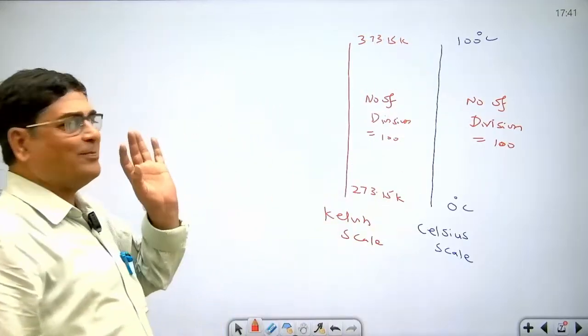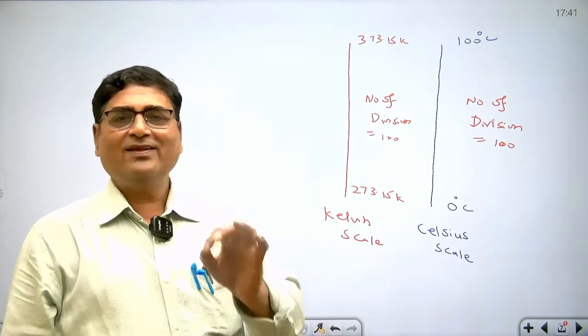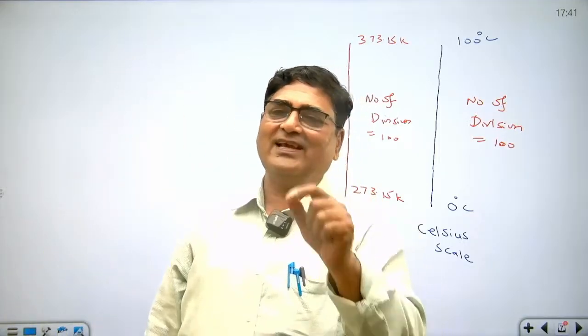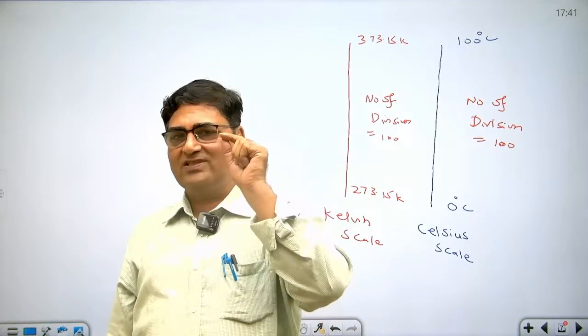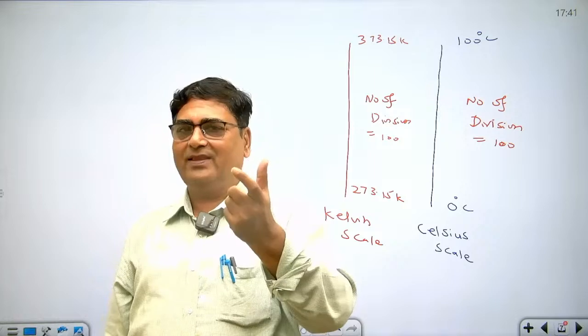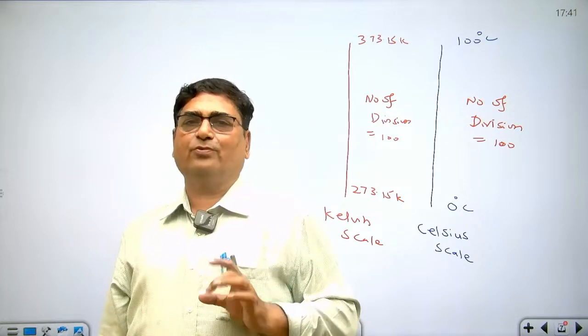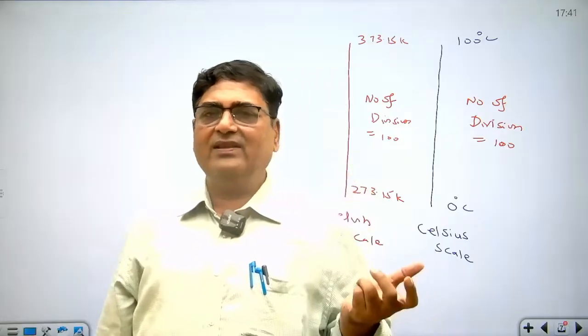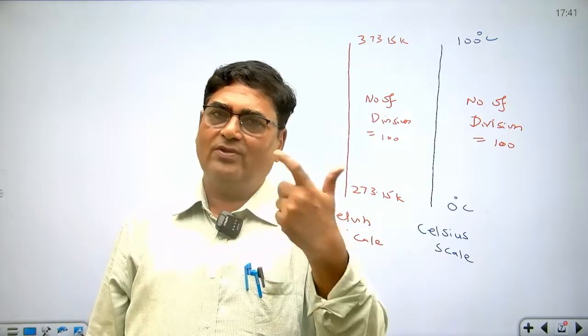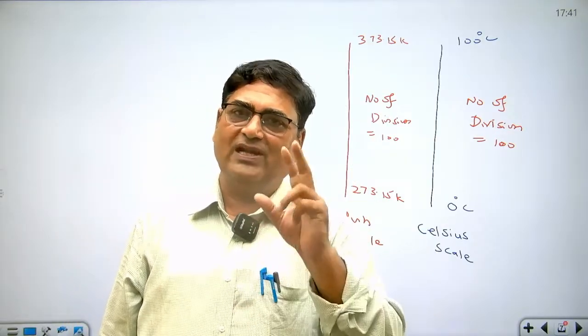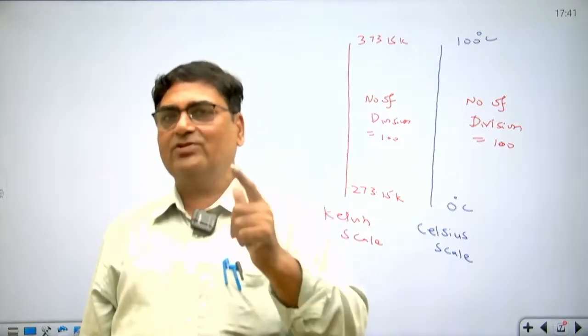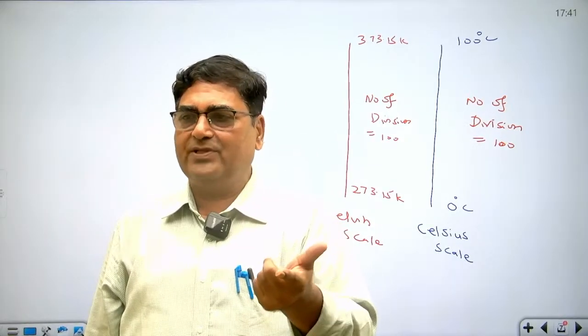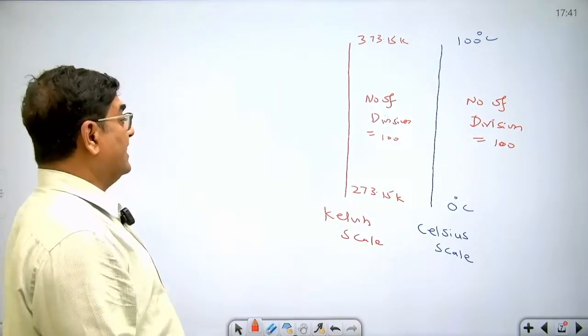So one division on the Kelvin scale is equal to one division on the Celsius scale. That means the difference of two numbers on the Kelvin scale and the difference of two numbers on the Celsius scale will remain the same. So delta C, the change in temperature on the Celsius scale, will be equal to the change in temperature on the Kelvin scale. Okay, that's very interesting.